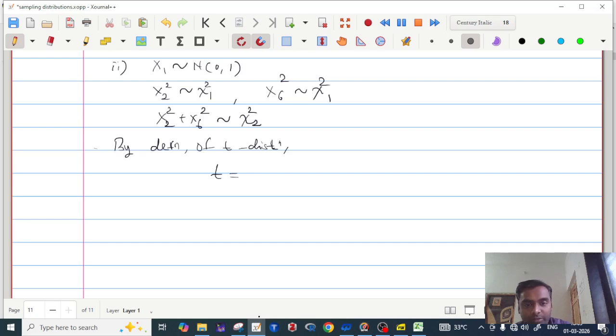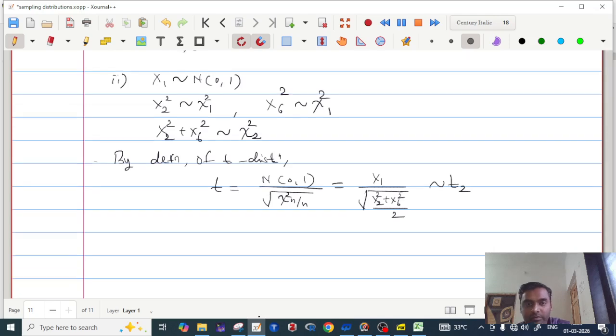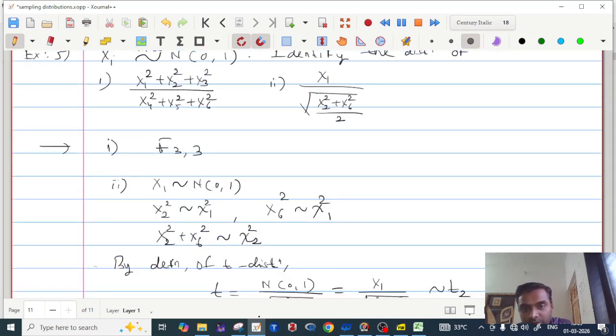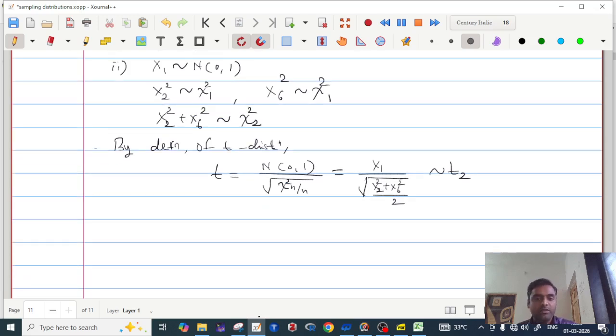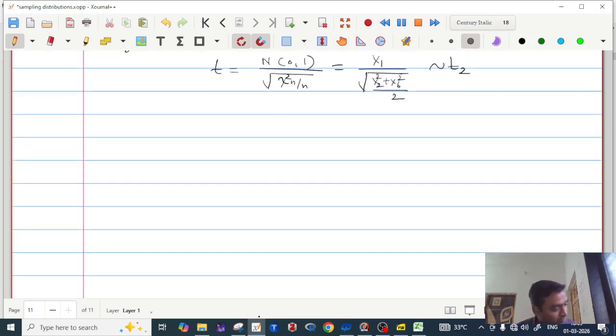So x1 is normal 0, 1, which is nothing but x1 divided by the square root of x2 square plus x6 square, that is chi-square 2 divided by 2. This follows T with 2. We can easily observe this. So x1 divided by this one follows T with 2.